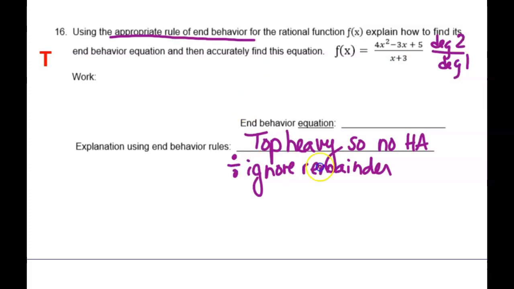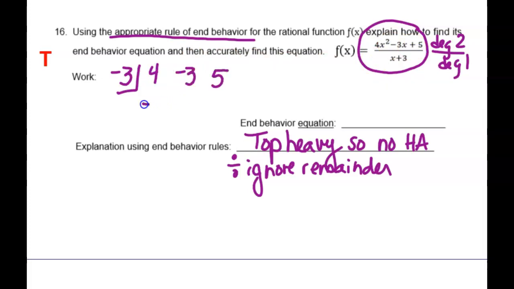When it says divide, ignoring remainder, can we do synthetic on this one? And the original version of the final had like you had to put a 0 in. It had like a degree 3 on I changed it. There's nothing complicated here. 4, -3, 5.